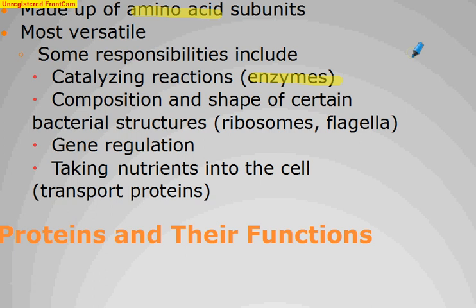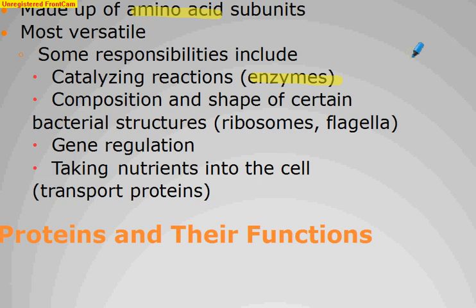Some examples would be the flagellum of a bacterial cell. The flagellum is a structure used for movement, but it is composed of structural proteins called flagellin. We'll talk more about gene regulation when we get into the genetics component of the course, but when genes are switched on and off, that action is controlled by proteins.